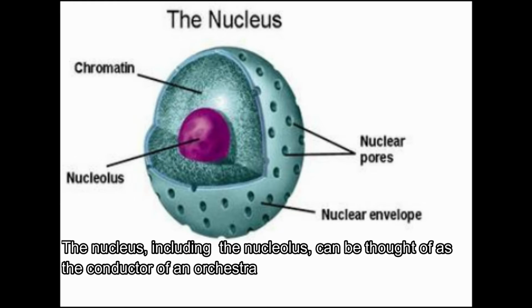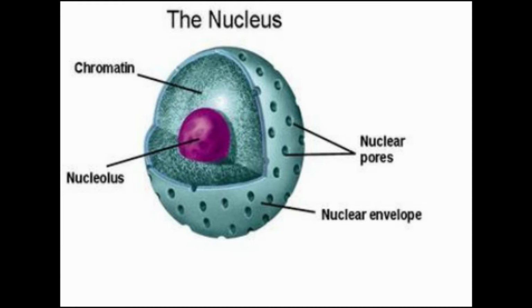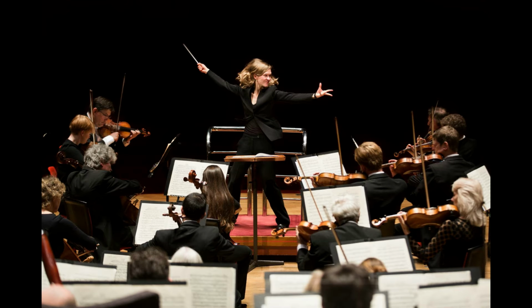The nucleus, including the nucleolus, can be thought of as the conductor of an orchestra. This is an example of the function of the nucleus, including the nucleolus. The nucleus controls the functions of the organelles in a similar way as a conductor does in an orchestra.